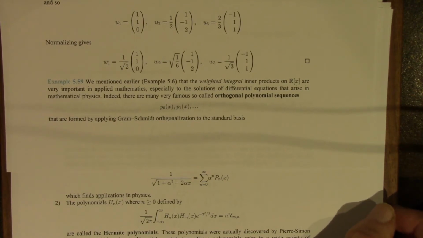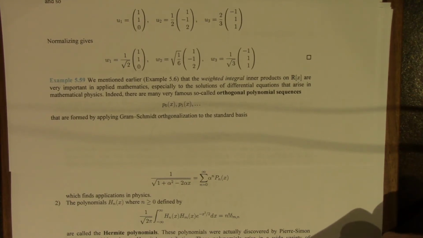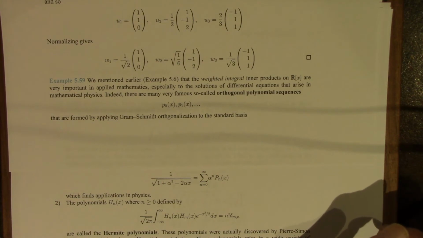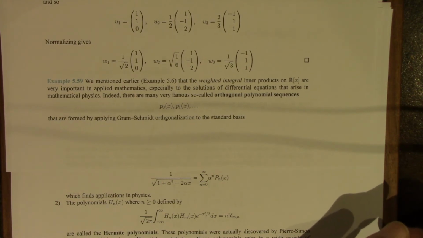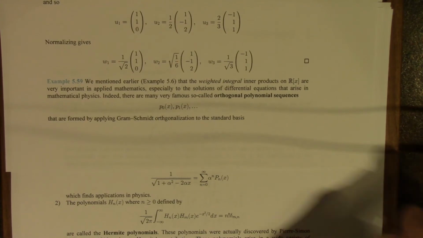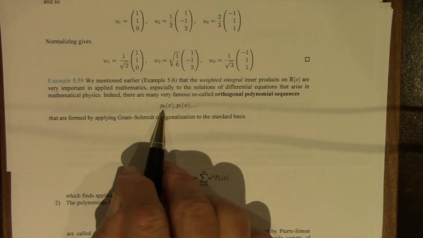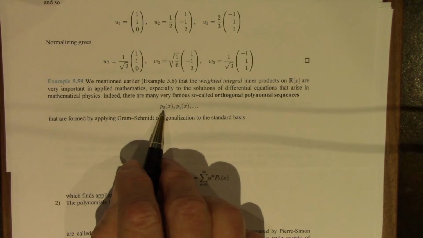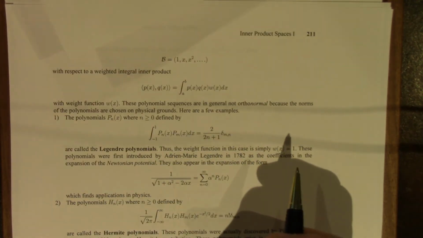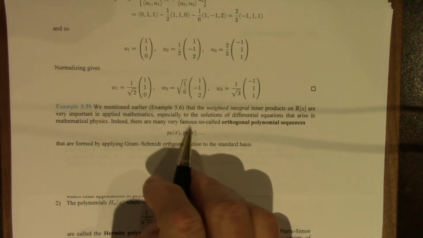So let's take a closer look at that. There are some very famous so-called orthogonal polynomial sequences. And I'm going to start the index with 0, because that's generally the way it's done.